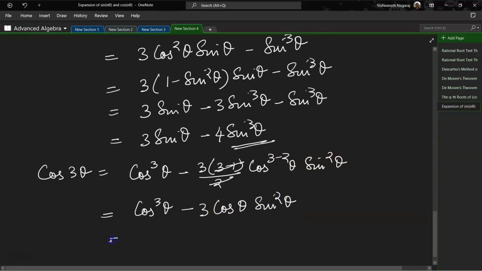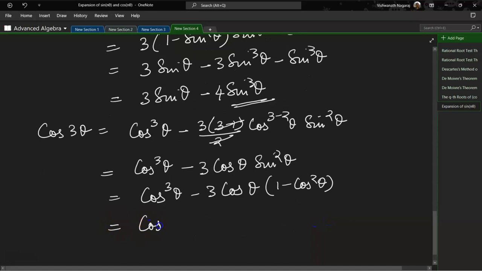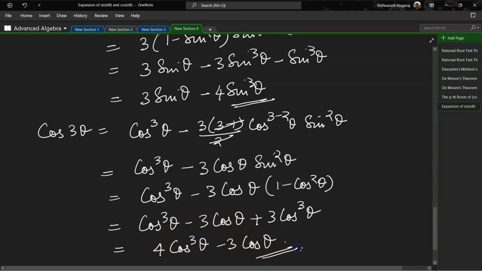Now what do I do? Let's take it as minus 3 cos θ (1 minus cos^2 θ), in which case this becomes cos^3 θ minus 3 cos θ plus 3 cos^3 θ, which makes it 3 plus 1, 4 cos^3 θ minus 3 cos θ, which is what we needed.